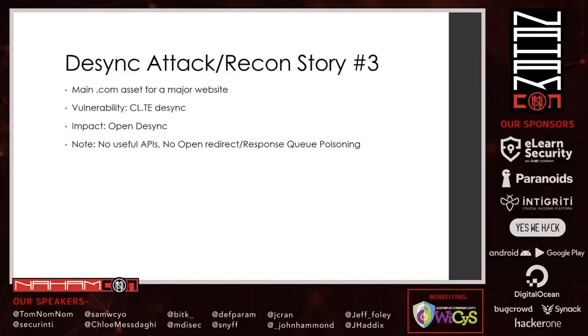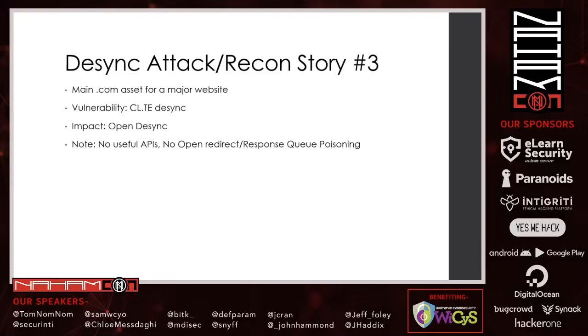So for the last desync attack recon story, this attack actually is a third way to obtain a session token. The first two ways are covered in the two POCs at the end of this talk. This one's a little bit more complicated, so I didn't create a POC out of it, but it is a third way to obtain a session token.